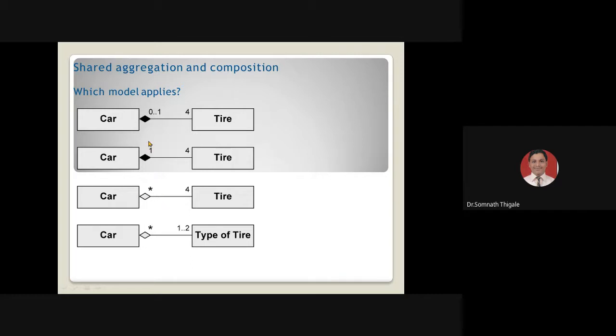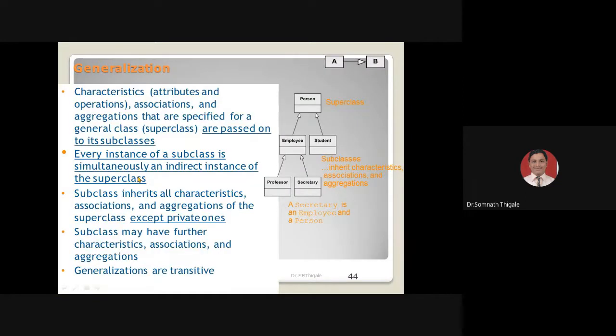And when I am talking about this diamond and this multiplicity, this is aggregation and this is composition. The strongest relationship we can represent with composition. So this is composition, this is aggregation. Without a tire, is it possible to drive a car? Definitely not. Like that we can discuss.